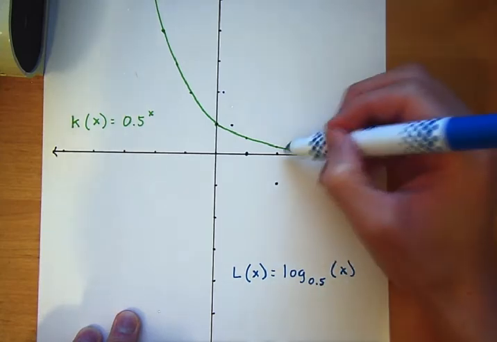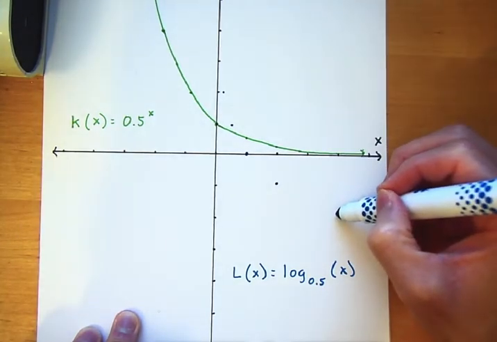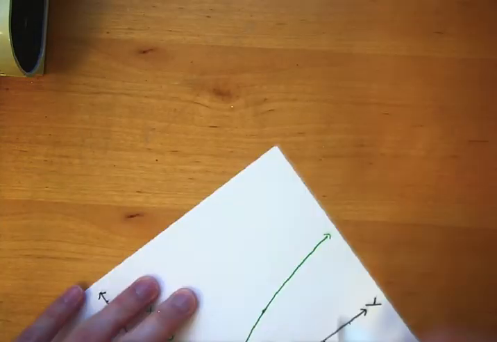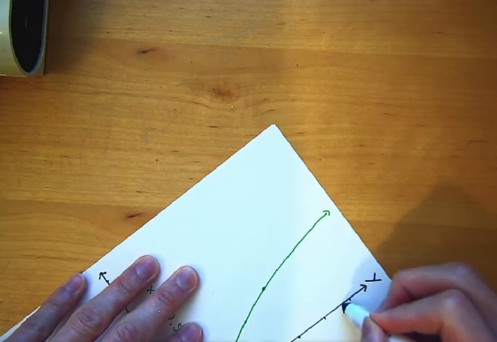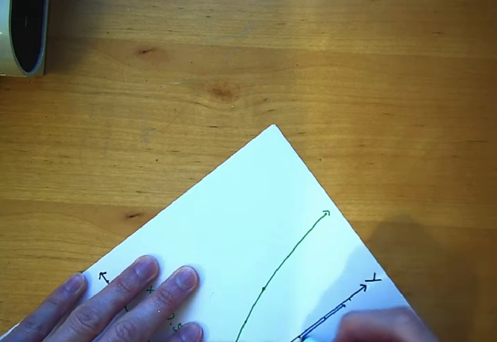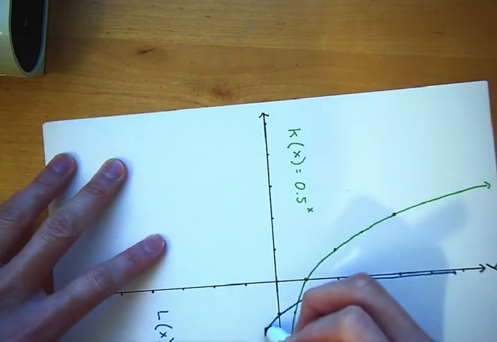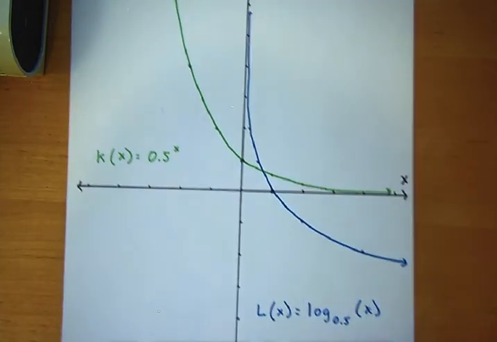And then x equals 4, y equals negative 2. So give me a second to connect those dots. So there you go.